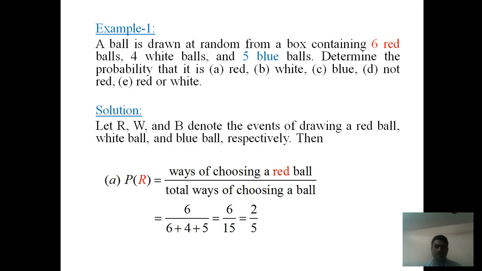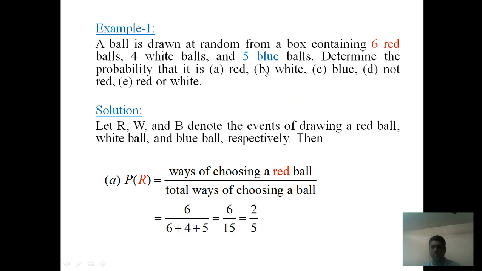There are 6 red balls, and in total there are 6 plus 4 plus 5, so we get 6 upon 6 plus 4 plus 5, which is 6 by 15. Further simplification leads to 2 by 5. So the probability of getting a red ball from a box containing 15 balls is 2 by 5.